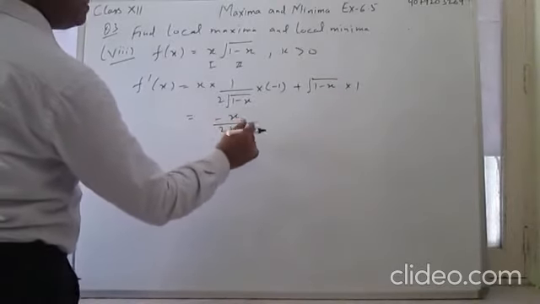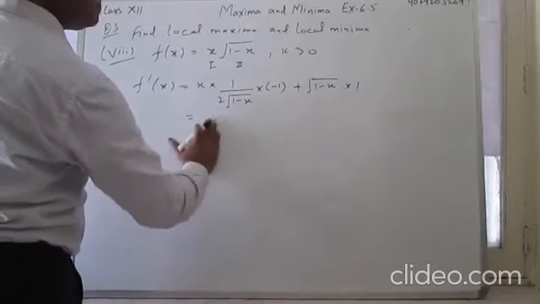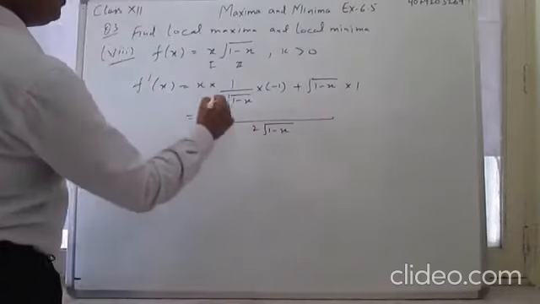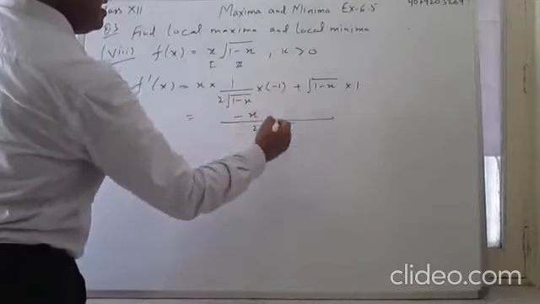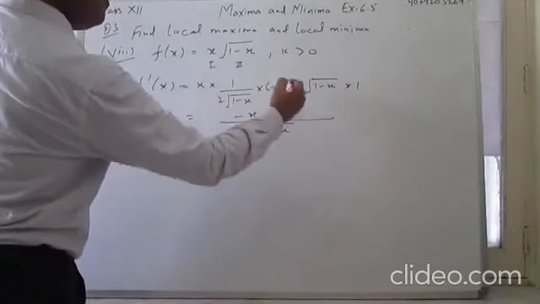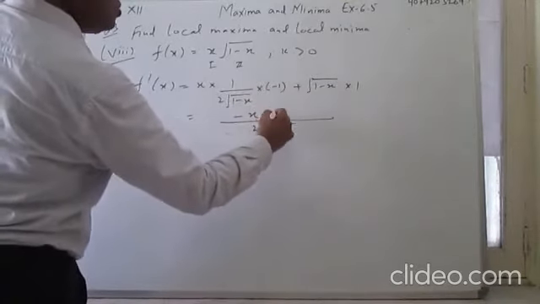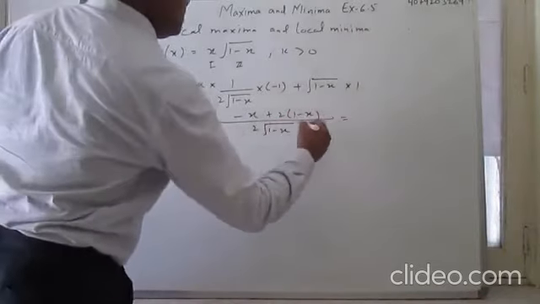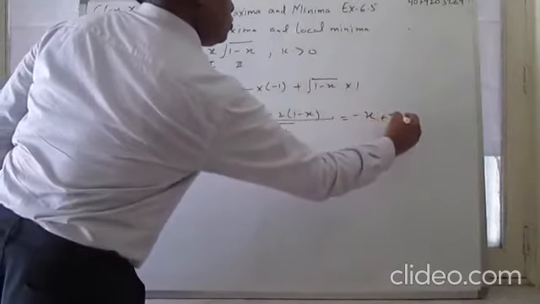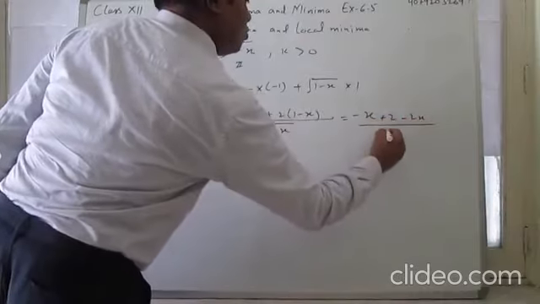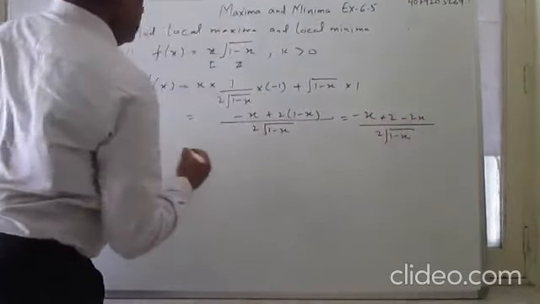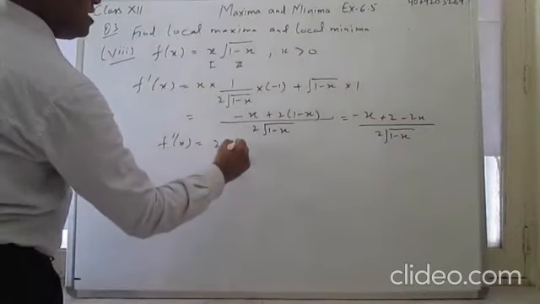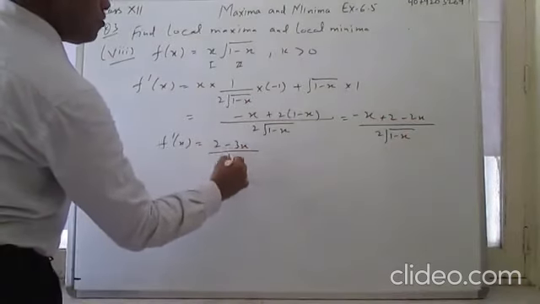So 2 under root 1 minus x is the LCM, so it is minus x, and if you multiply the second term by 2, plus 2 into 1 minus x, so it becomes minus x plus 2 minus 2x upon 2 under root 1 minus x.